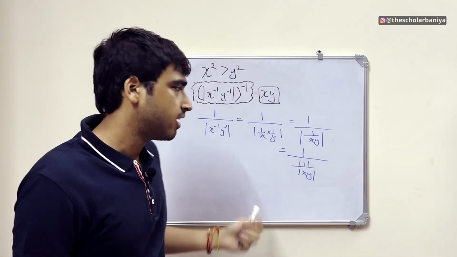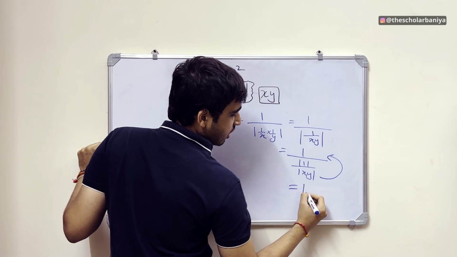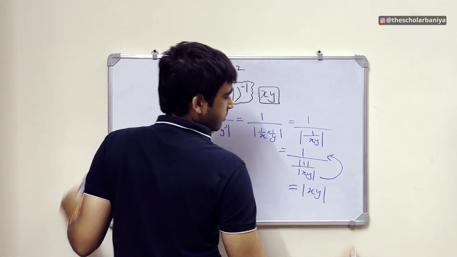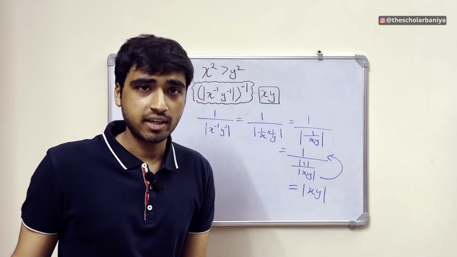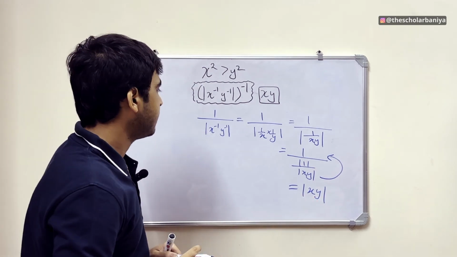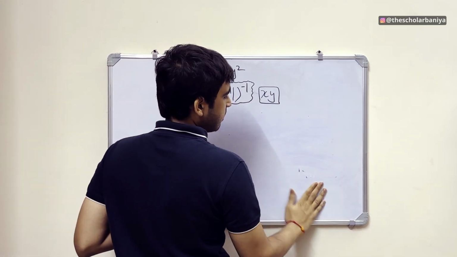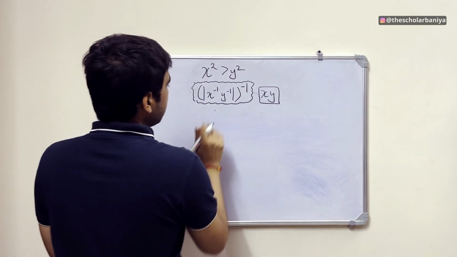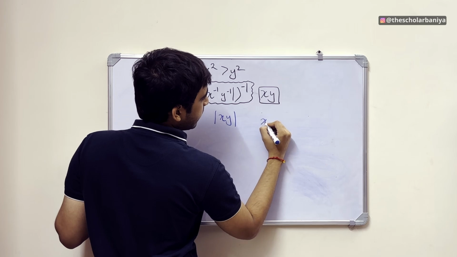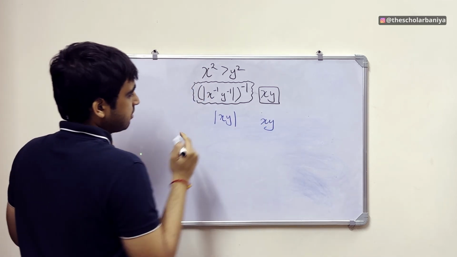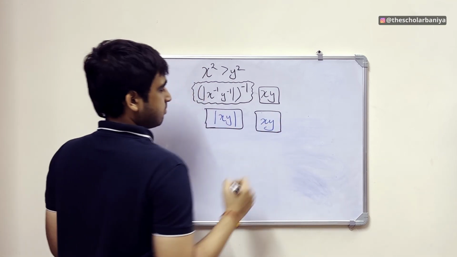Mod of 1 is nothing but 1, and this comes over here, so this becomes mod of xy. So this entire thing basically reduces down to mod of xy. I hope this should be clear, right? So we can write this as mod of xy and xy. So this becomes a new question, that we have to compare this and we have to compare this.